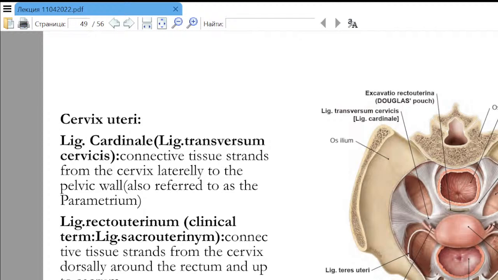Ligamentum pubocervicale secures the cervix ventrally at the pubic bone.